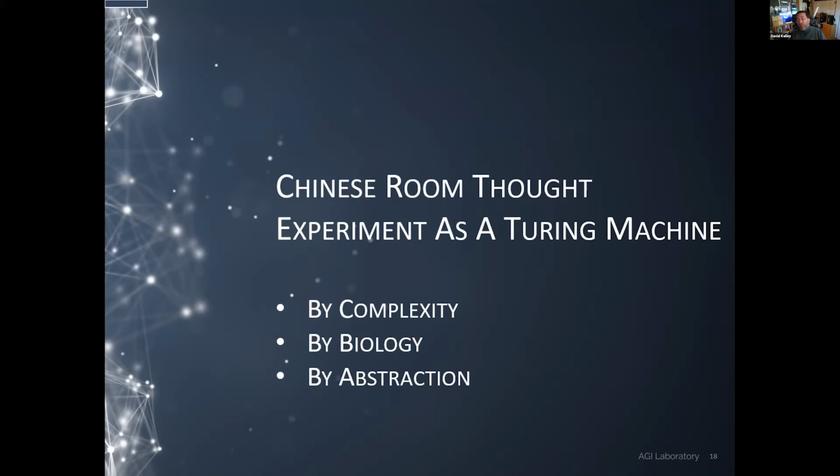It doesn't really understand what it's doing. It's just following a set of rules.